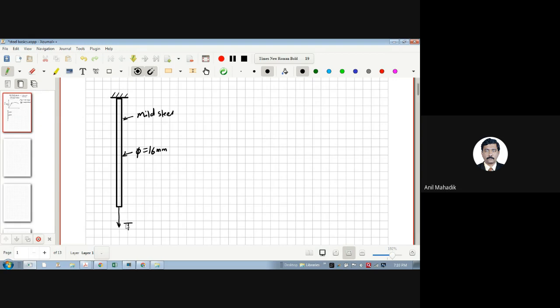If I ask you how much maximum tension this rod can take, can anybody tell me? Maximum or design tension, we can say.